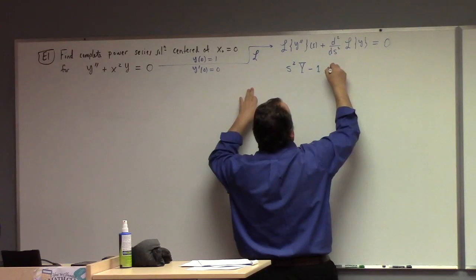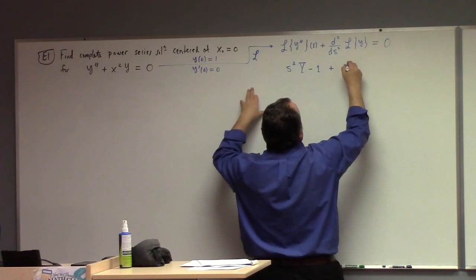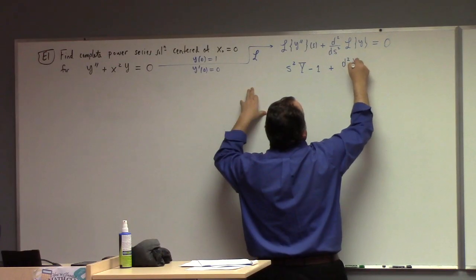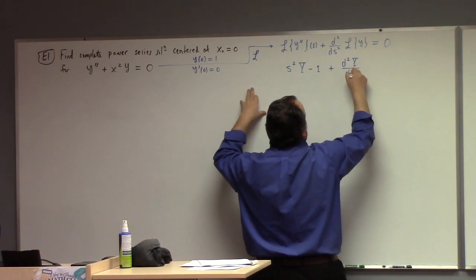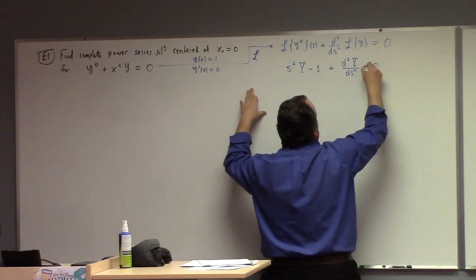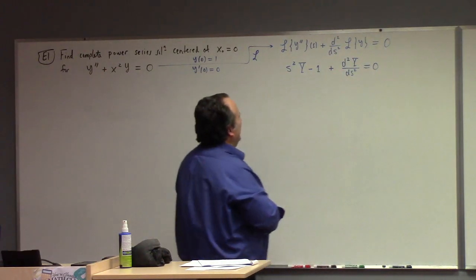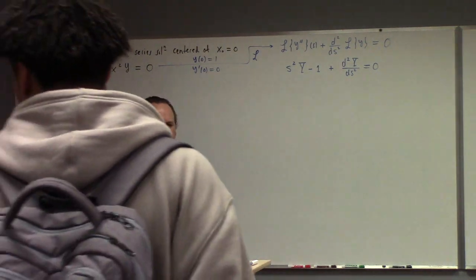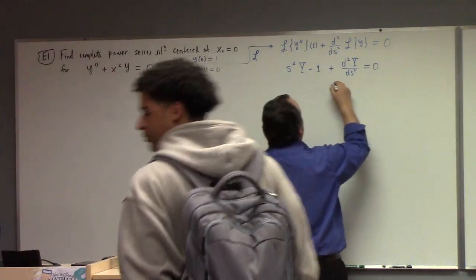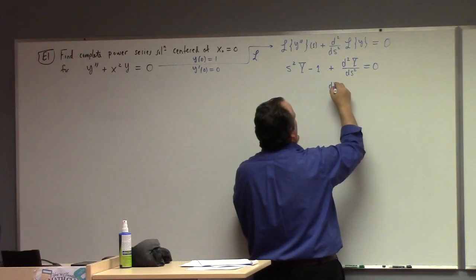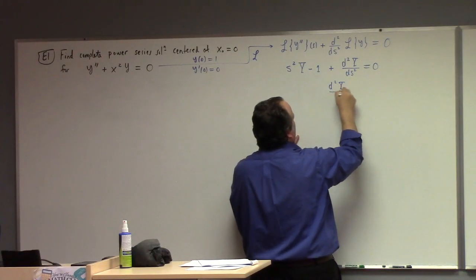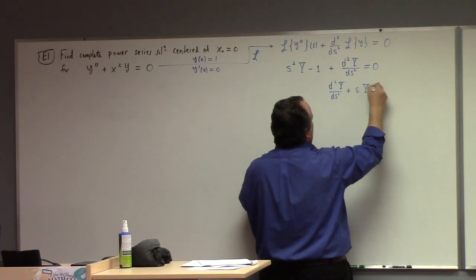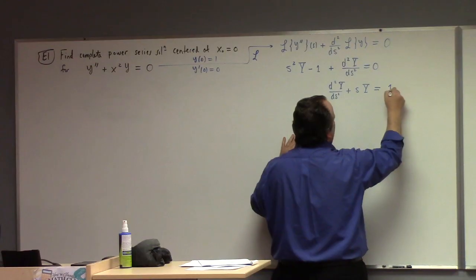Oh, well, look at that. Oh, it's mocking us, isn't it? Isn't that perverse? Look at this. It's like d squared Y ds squared plus s squared big Y is equal to 1.